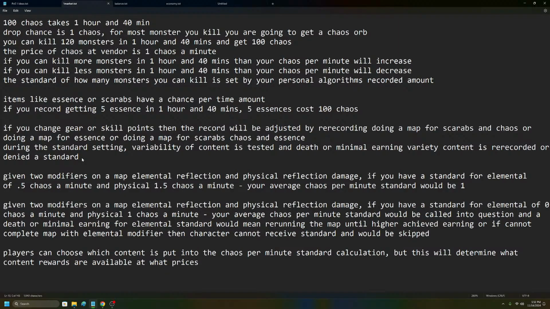And so if you're better at maps than you are Delve, that's gonna alter the average Chaos Orb standard.